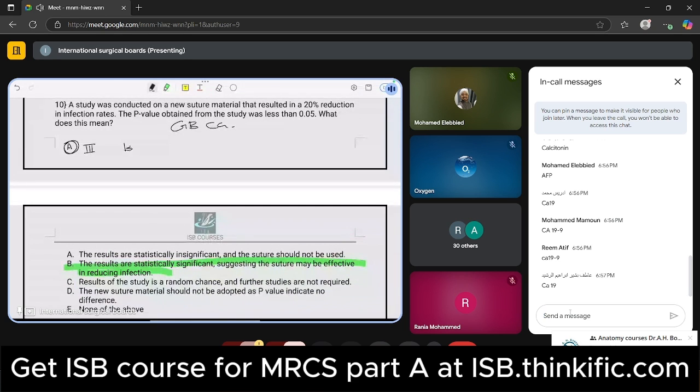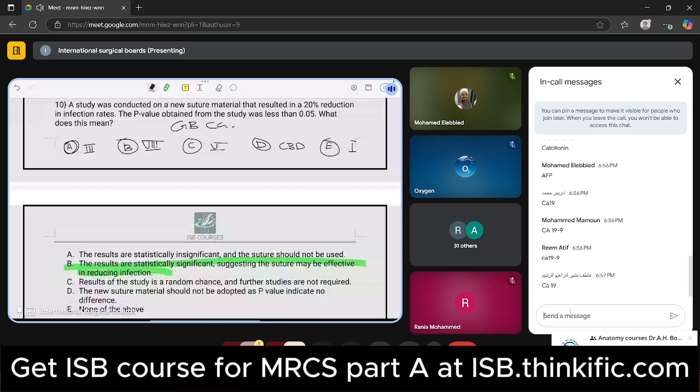Option B is segment 8. Option C is segment 5, option D is the common bile duct, and option E is segment 1. I mean liver segments. So, what do you think?